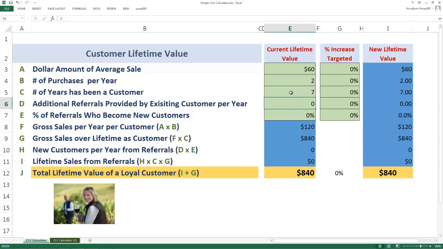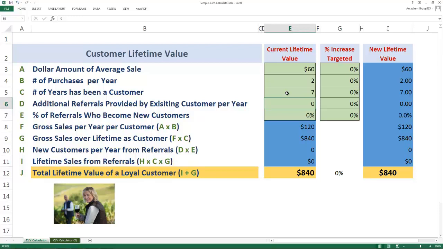A lot of people's taste in food changes, or they get bored with the menu at a given restaurant, or some restaurants don't even stay in business that long because of the trendiness of that industry. So whether it's a winery or a restaurant, 5 to 7 years is the typical lifespan of a customer, but a winery could be 20 years, right? You could be going from 45 to 65. So anyway, we'll put 7 years in for the number of years they've been a customer.